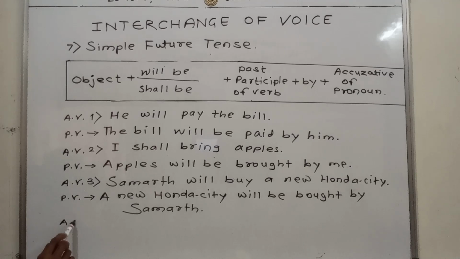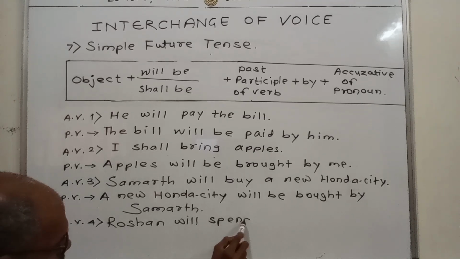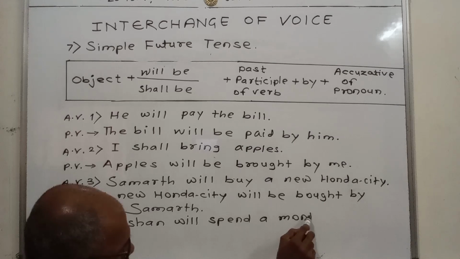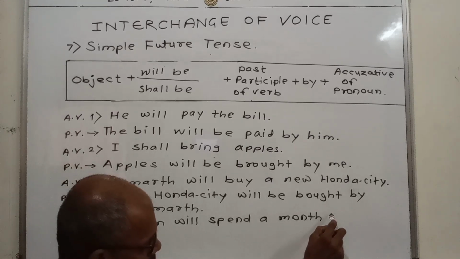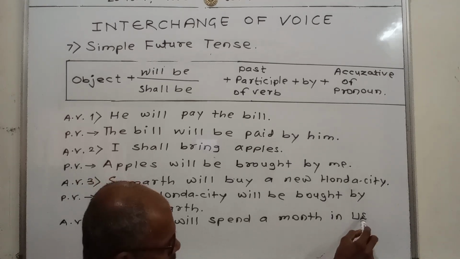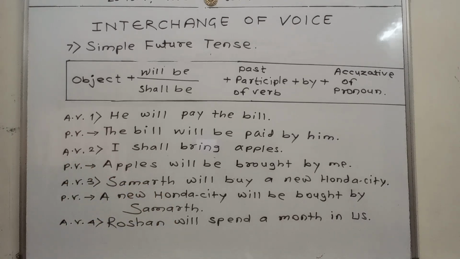Then active voice example number 4: Roshan will spend a month in US, United States. Okay, passive voice.